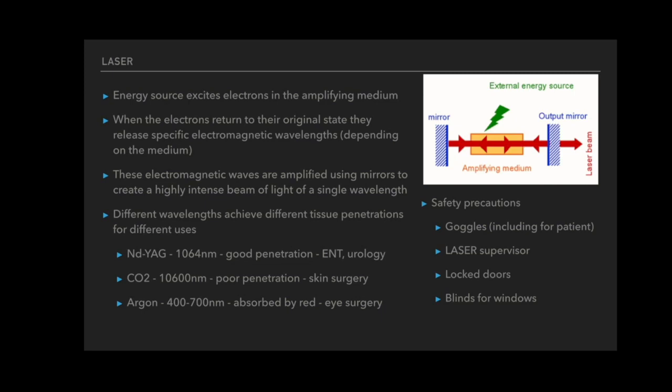One has almost 100% reflectivity, and the other one has, say, 95% reflectivity and allows 5% of the light to go through. I've made those numbers up, but that's the principle. And then you get a highly amplified, highly concentrated laser beam that comes out the other side, which is of a single wavelength.